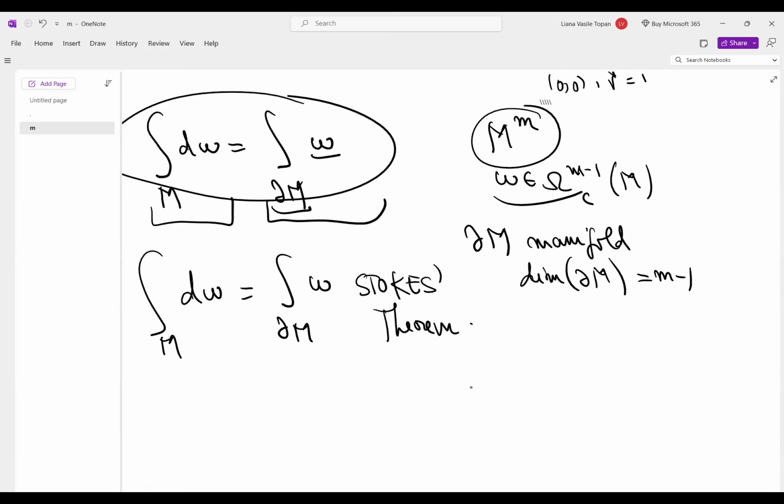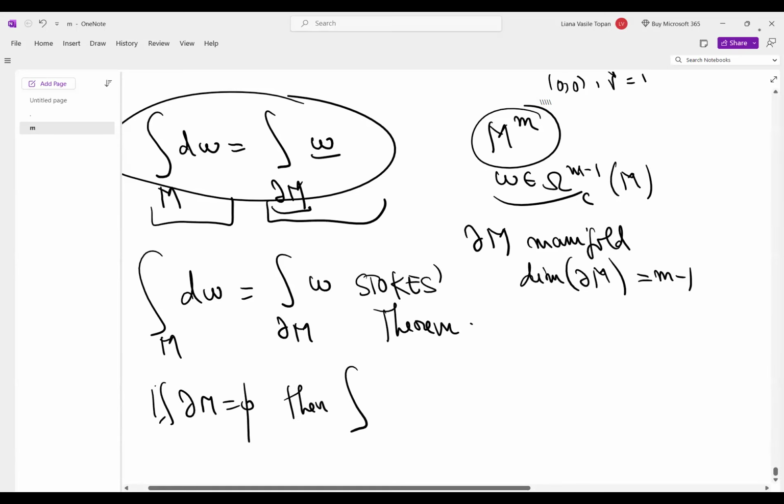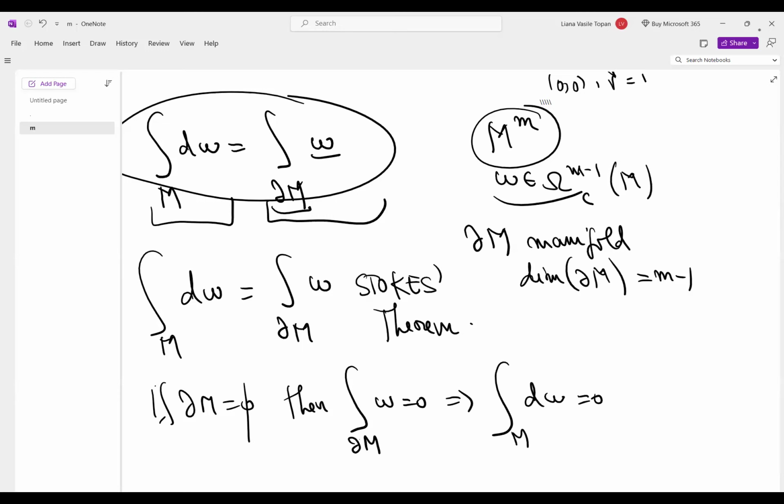Now, as a very fast remark, when the boundary of M is empty, so when we have a manifold without boundary, a closed manifold, then the integral on the boundary will be 0, which means that the integral of d omega over M also will be 0, right?